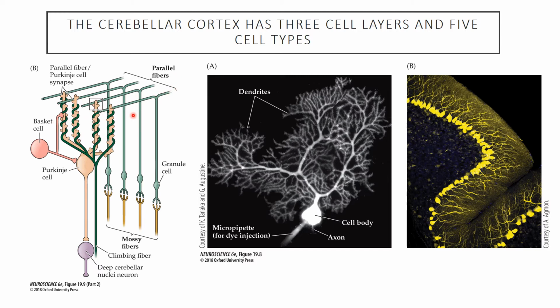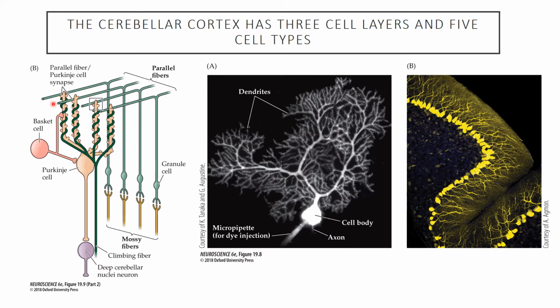And these fibers are literally parallel. That's why they're called parallel fibers. They run along a long axis, and they will make these incidental synapses onto a bunch of different Purkinje cells. And the Purkinje cells have these big elaborate dendrites to receive input from parallel fibers from a bunch of different granule cells, as well as these climbing fibers that come from the inferior olive.